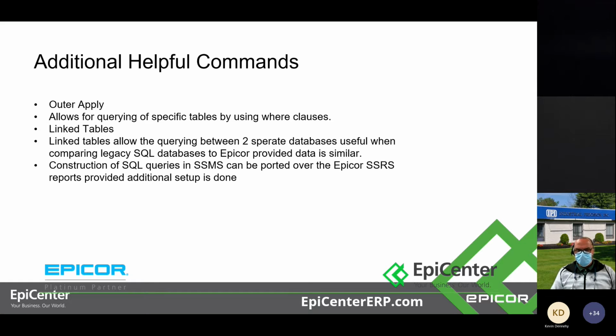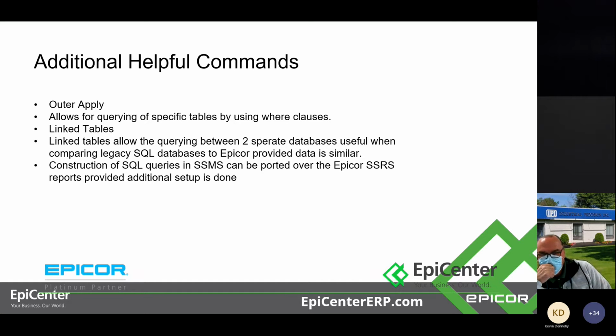But what link tables allow you to do is, if you were in the middle of conducting a data migration, I know some people on this call have used this, and you're comparing a legacy system to your current Epicor system, as long as the legacy system's a SQL database, you can conduct a join between the legacy database and your Epicor database.